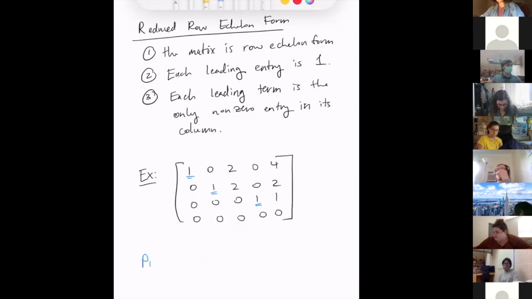I am very sorry. Okay, I found it. It's on page 14. It says the pivot position in the second row must be as far left as possible, namely in the second column.